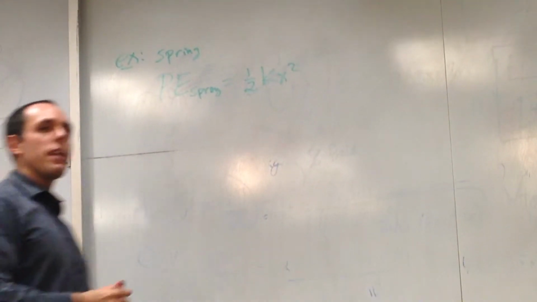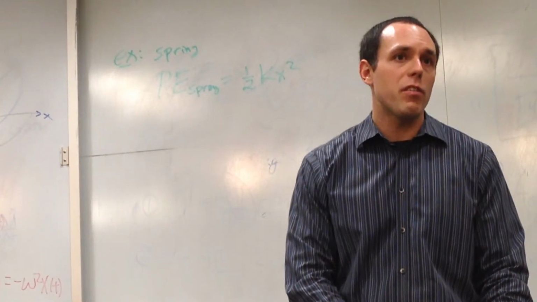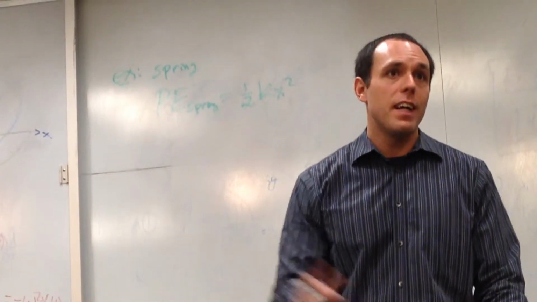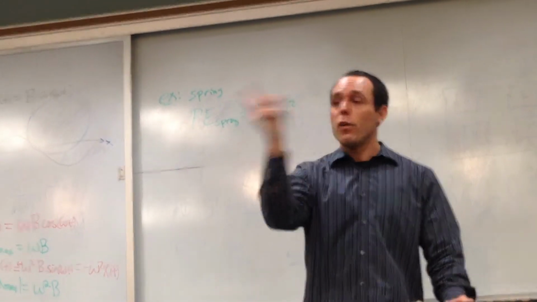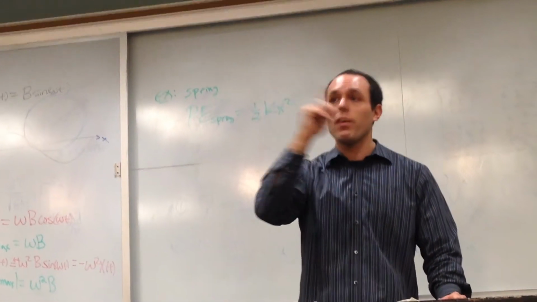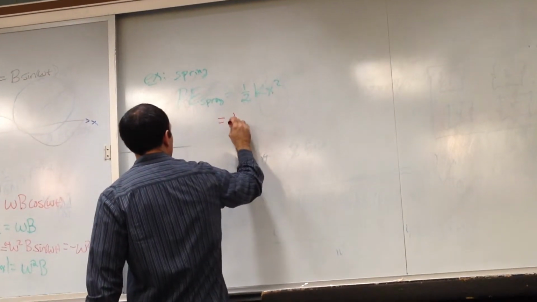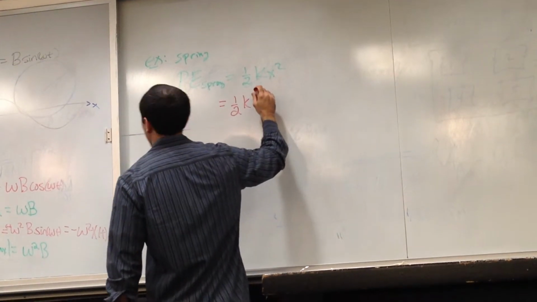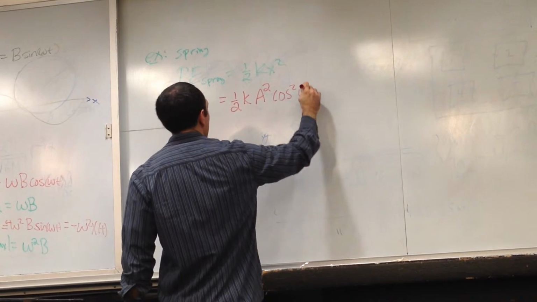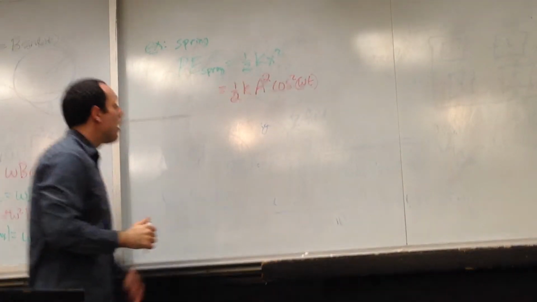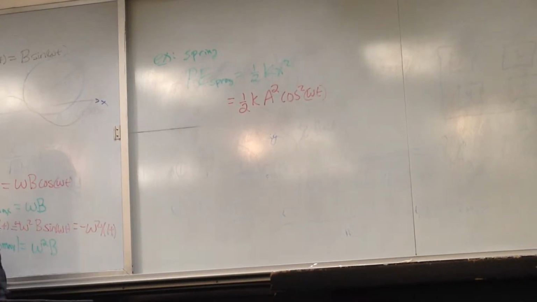Let's say its x was A cosine omega t. Let's just throw that in, because x is just a position. And remember, the spring just means it's oscillating back and forth, so its position at any time t can be given by A cosine omega t. So this is equivalent to 1/2 k A squared cosine squared omega t, which tells me that the potential energy of the spring is changing at any given point.